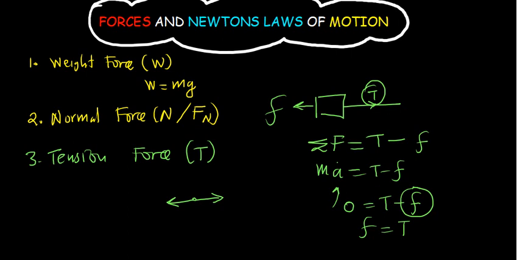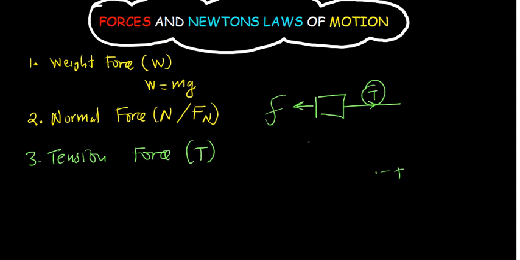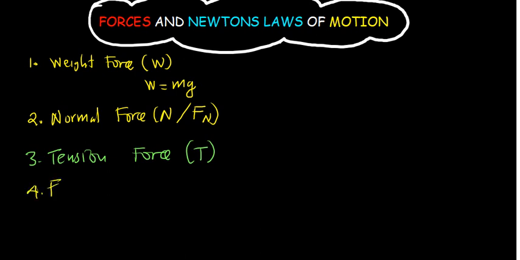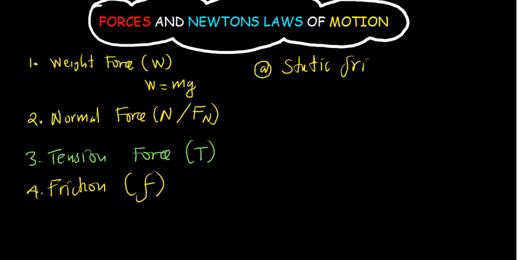Because of this, we should be able also to understand friction. That is another type of force. Friction is simply a force that opposes motion. We have got two types of friction. We have static friction, and the symbol is small f with an s there.